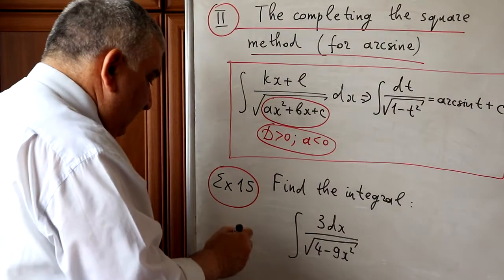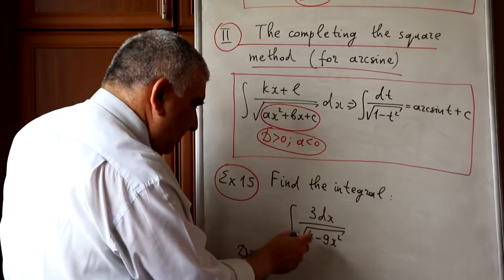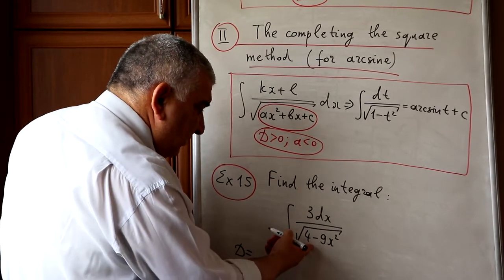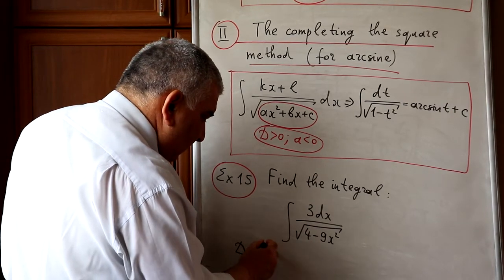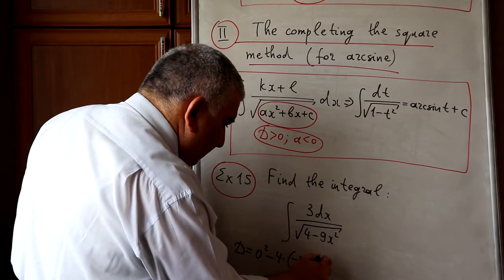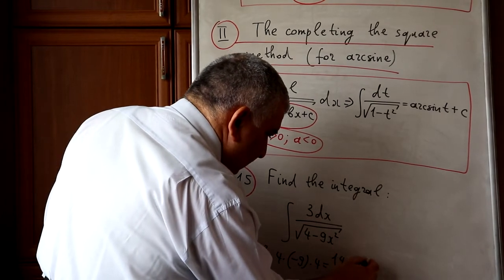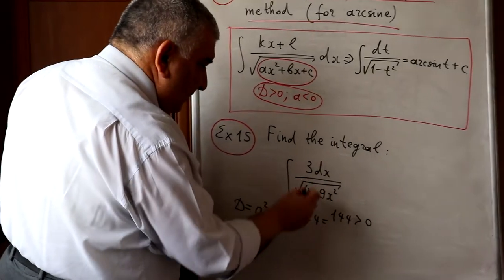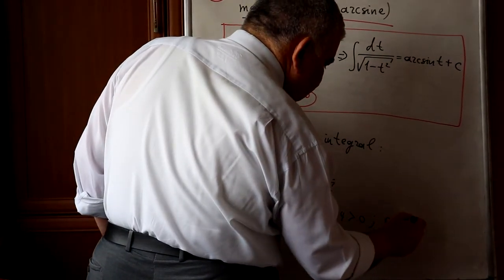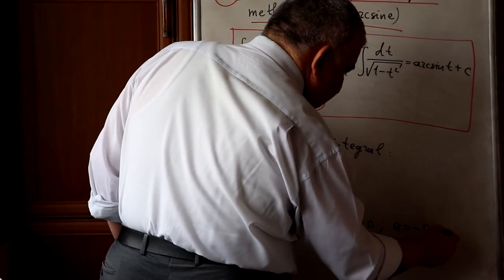The first coefficient is minus 9, the second coefficient is 0, and the constant term is 4. The discriminant is 0 squared minus 4 multiplied by minus 9 multiplied by 4, which is equal to 144, positive. The first coefficient, minus 9, is negative.